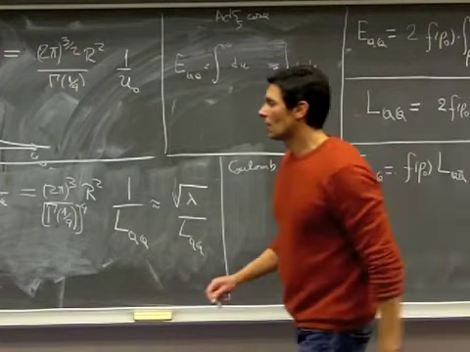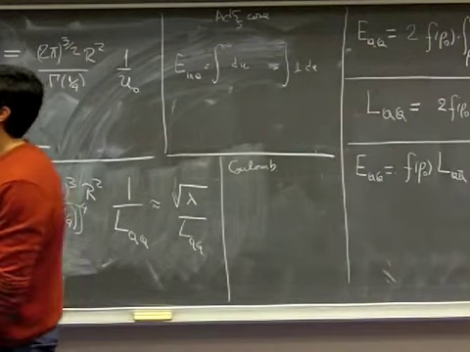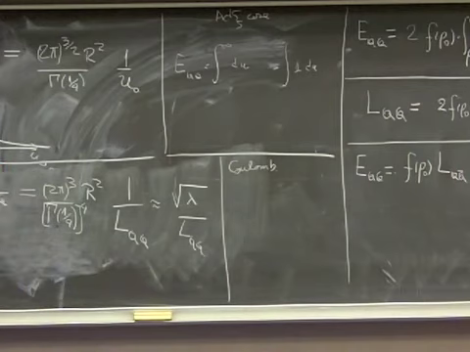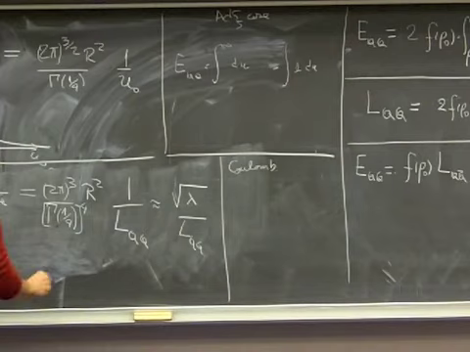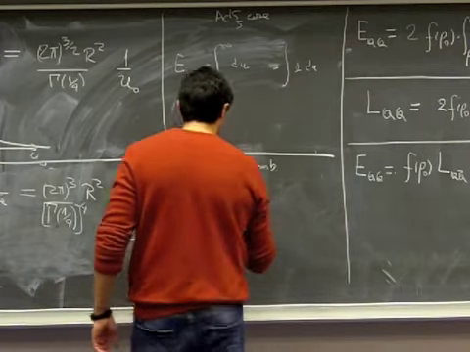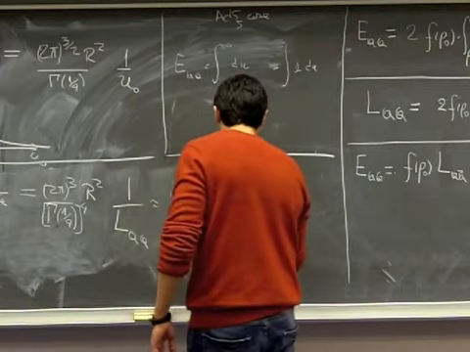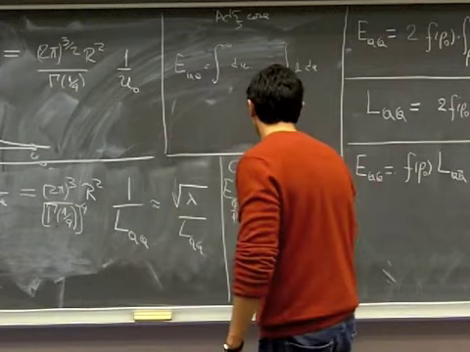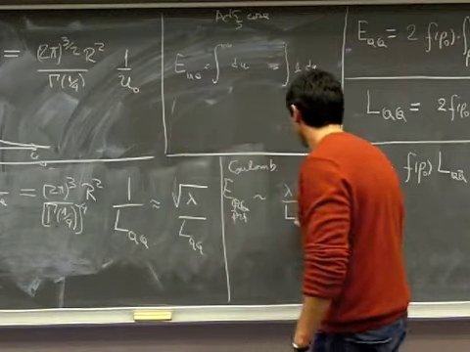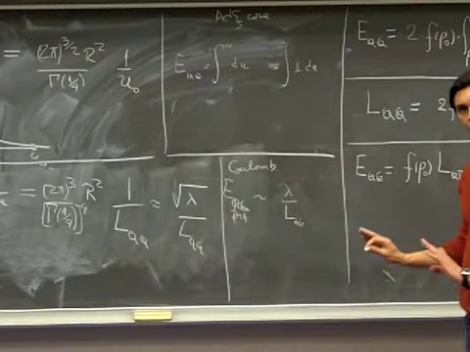What's very interesting is that if you do this calculation of the Wilson loop perturbatively, in perturbation theory, of course it will give you 1 over L, because that's the symmetry of the theory, but it will give you something like this.